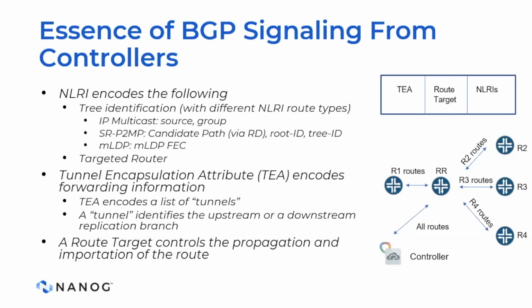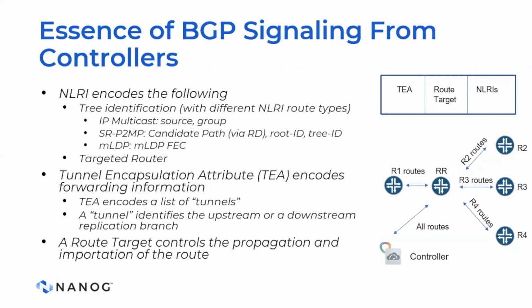For example, we can have an IP multicast tree that is identified by source and group. And we can have an SR P2MP tunnel, and the NLRI will encode candidate path, root ID, and tree ID. And if it's an MLDP tunnel, we will just encode the MLDP FEC there.